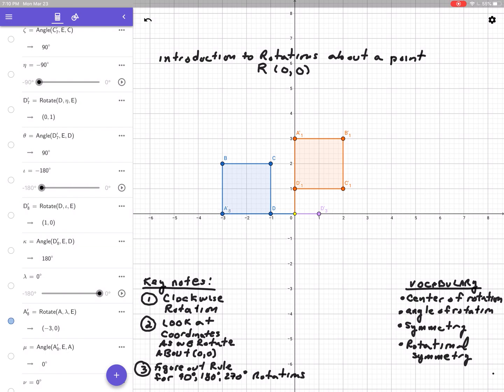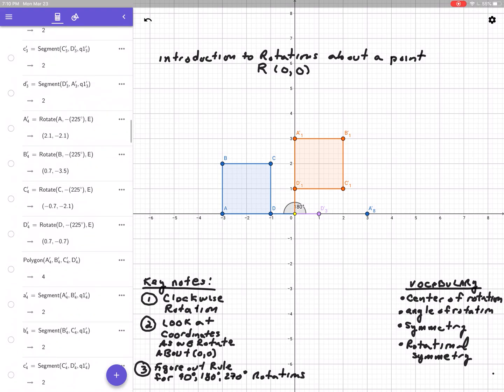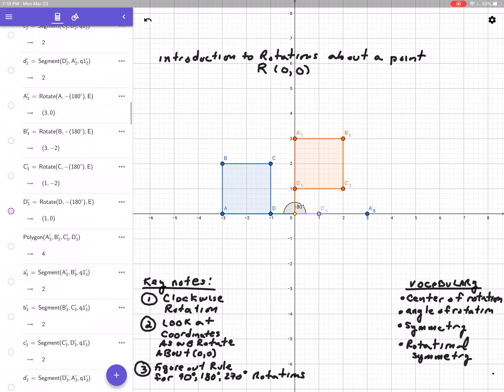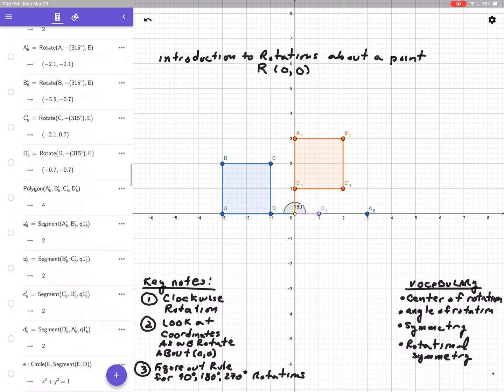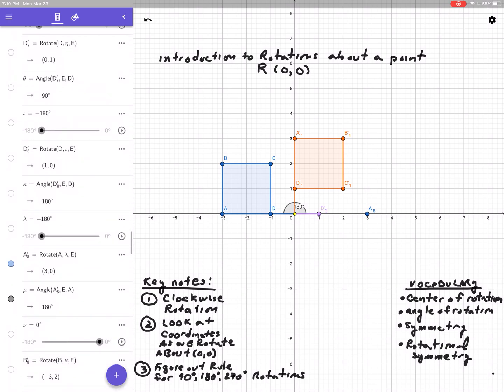So now we're going to select the A prime. You'll notice that A became 8, 8 prime. We're going to rotate it. We're going to find its counterpart here. And then I'm going to eliminate that so we don't get confused. And there's our other point.